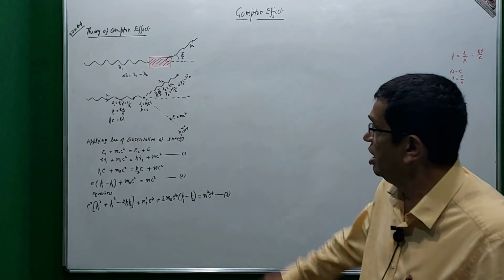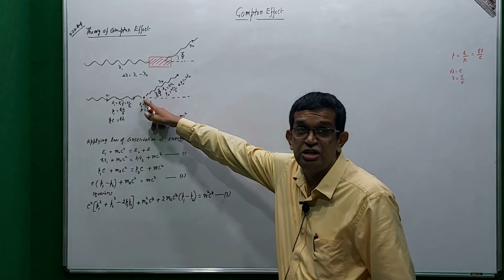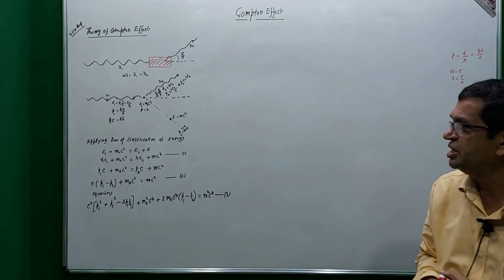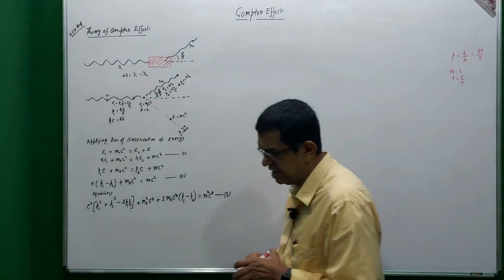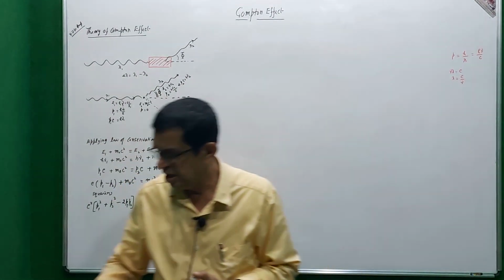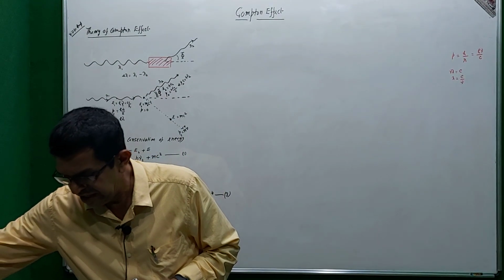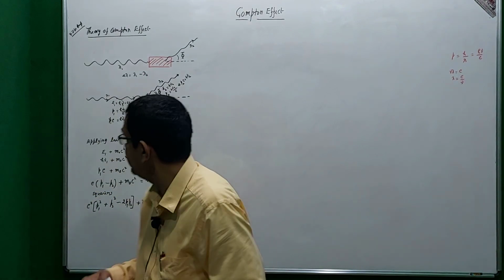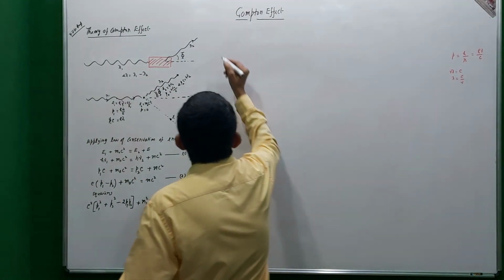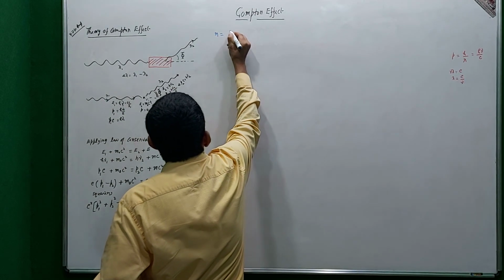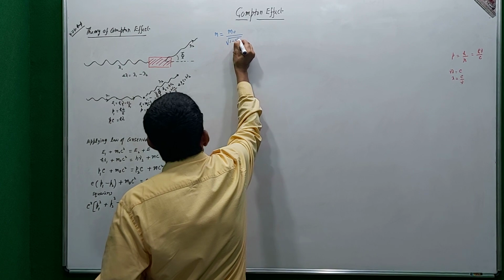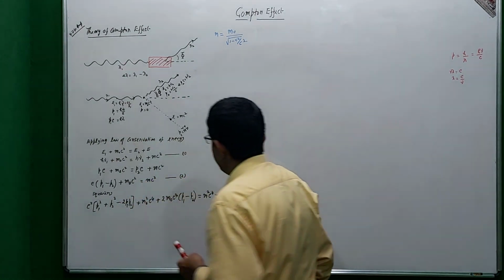Now you see this electron recoils with a particular velocity, and it is a very high velocity. Therefore, its mass varies with the speed, and according to Einstein's mass-energy relation, which we have already studied, m equals m naught by square root of 1 minus v square by c square.